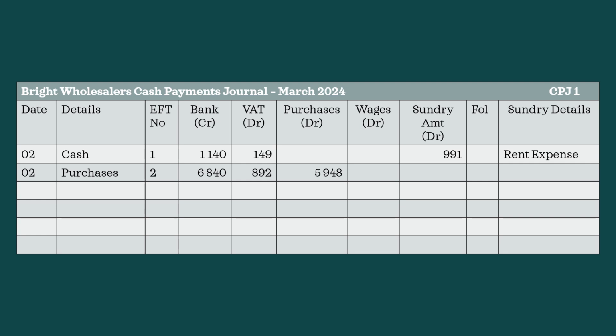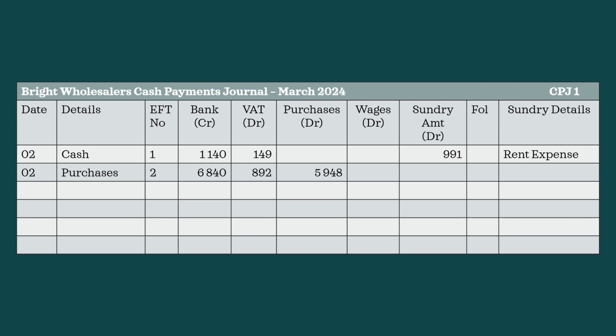So we know that the first one is cash, where she paid 1,140 rand for rent. The VAT on that would be 149 rand, and then the rest of the amount is 991 rand for rent expenses. Then the other EFT that she paid for was 6,840 rand.